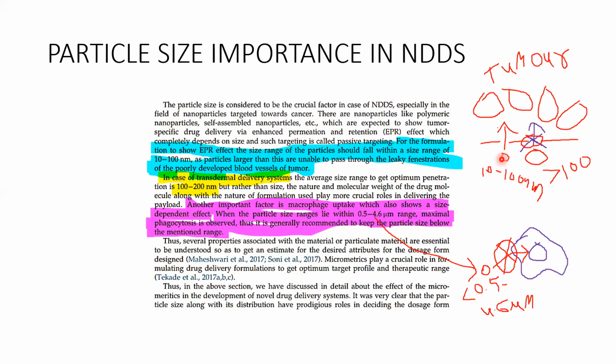When the particle size is 10 to 100 nanometer, the particles will easily pass into the tumor cells in case of cancer. If the particle size is greater than 100 nanometer, the particle will not move into the tumors. It is not effective to treat cancer because it will not enter the cancerous cells.